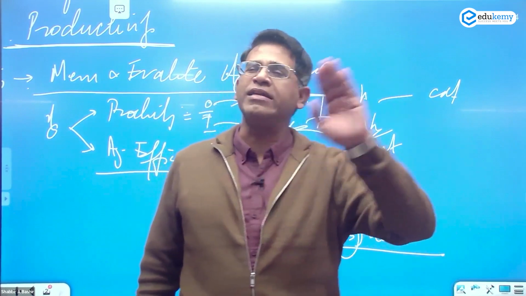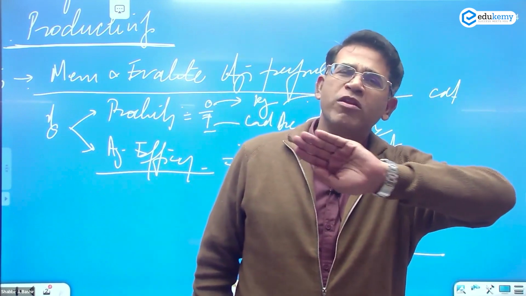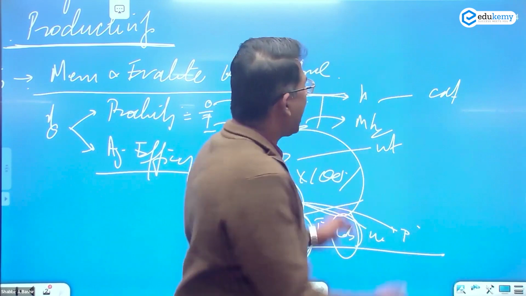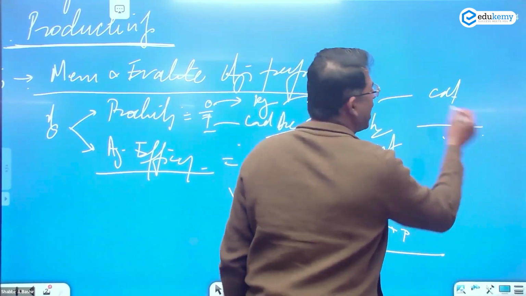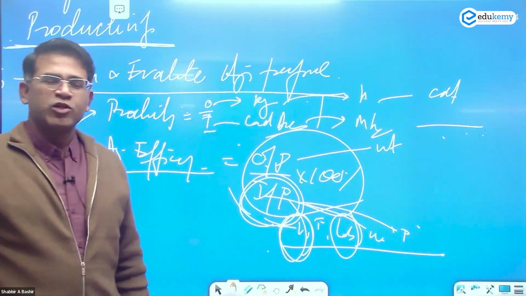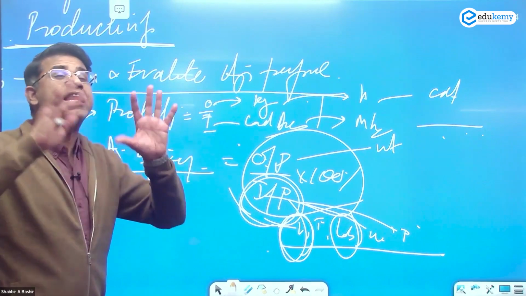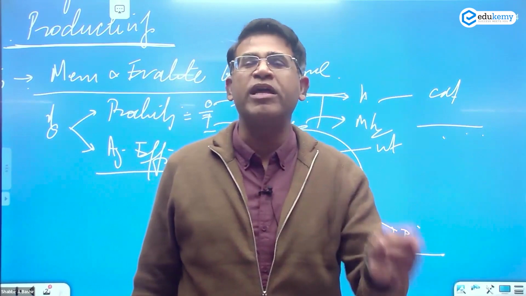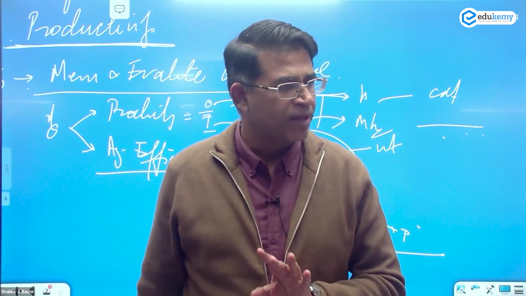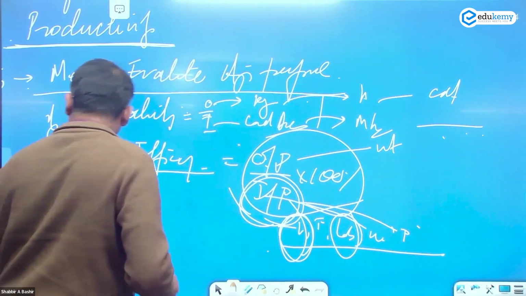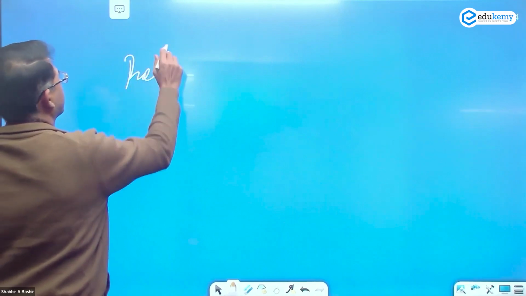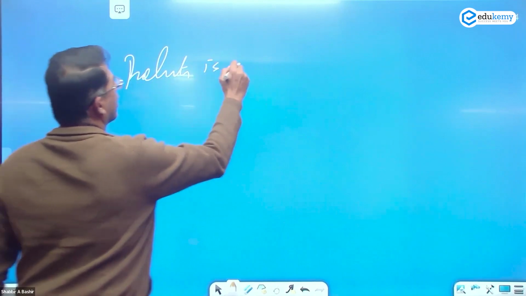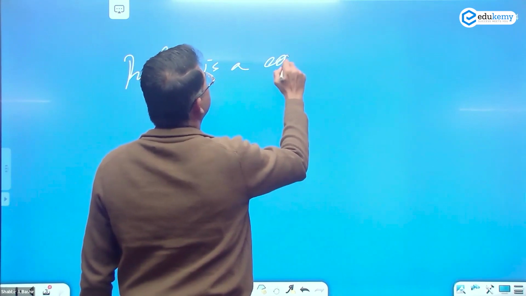Convert them to calories ताकि हमारा एक unified version आ जाए. And input can be in terms of again land area. So efficiency is a very nice measure provided I can measure all aspects of output and input. Productivity is a convenient measure.